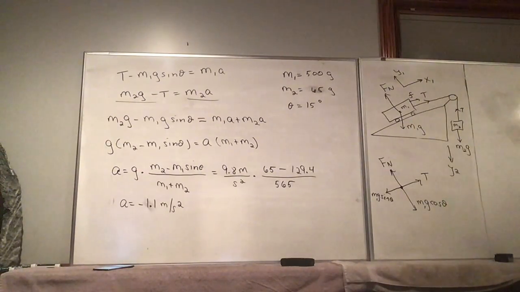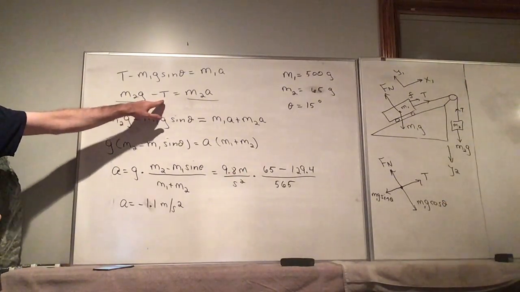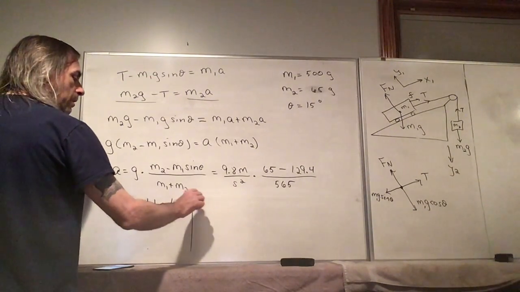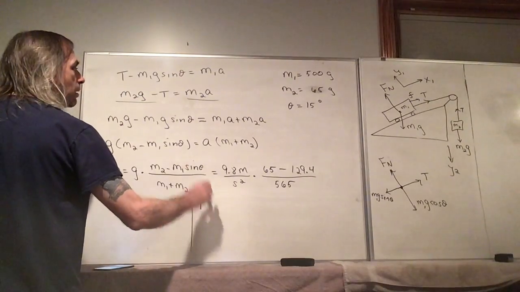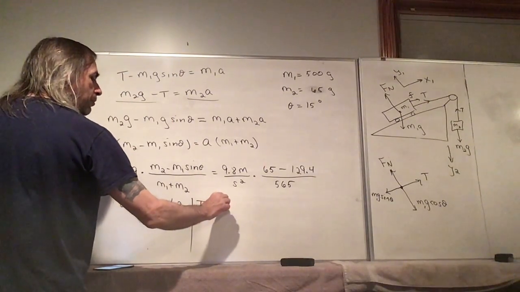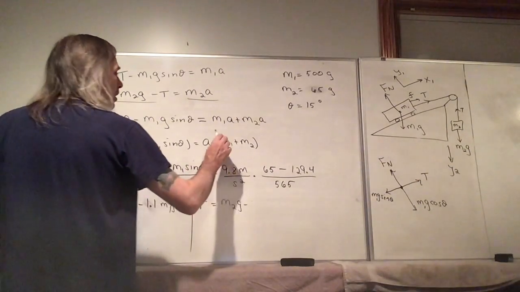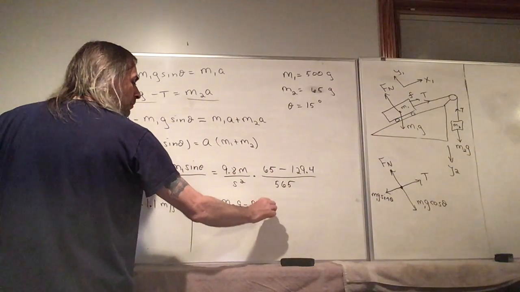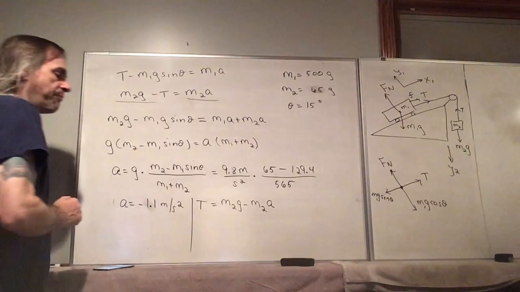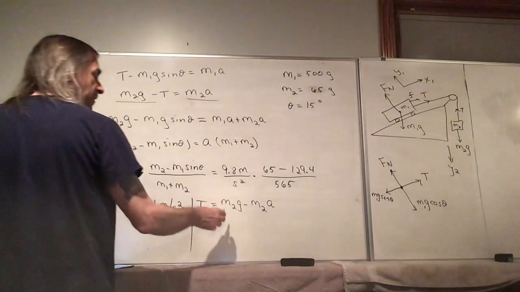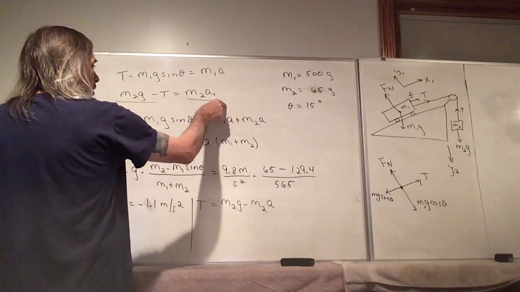When it comes to tension, let's use this second equation just because it doesn't involve that sine of theta. So we can say T is equal to M2G minus M2A. Okay, so we can factor the M2 out.